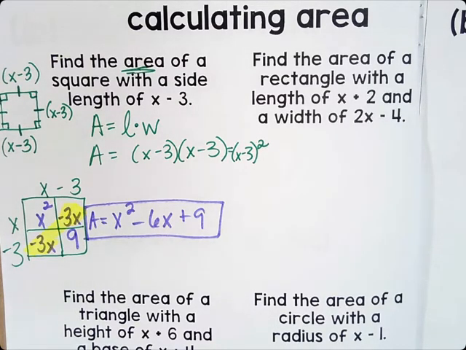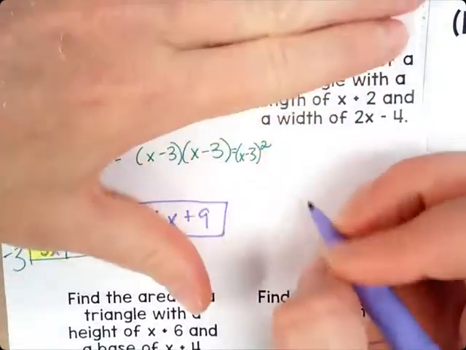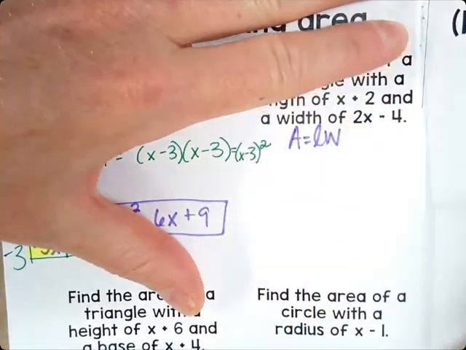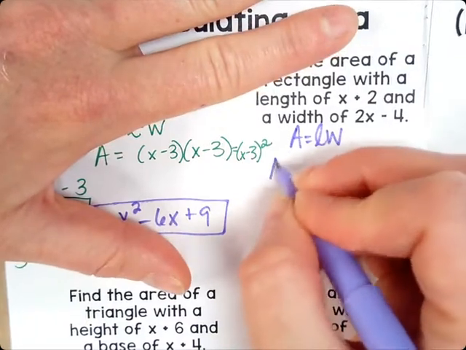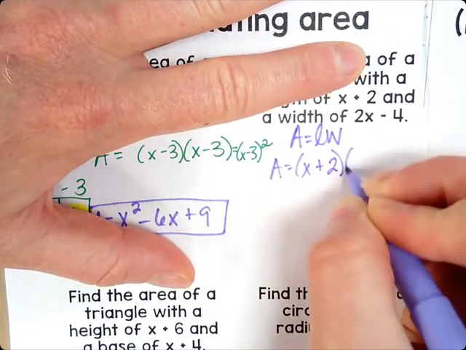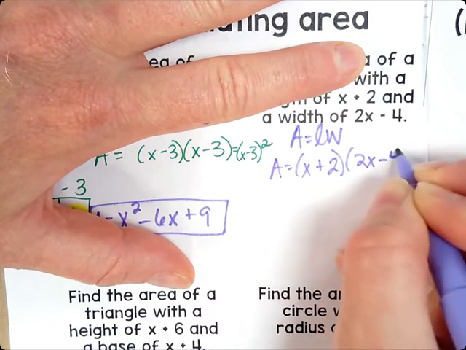Find the area of a rectangle with a length of x plus 2 and a width of 2x minus 4. So we are finding area again, length times width. So we'll do x plus 2 times 2x minus 4.